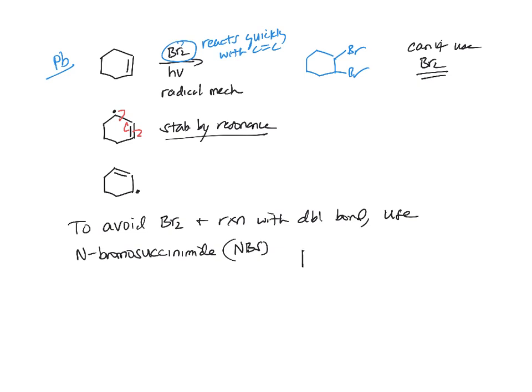It's a 5-membered ring with a nitrogen in the center. The nitrogen has a bromine on it, and it has double bond O's. That is what N-bromosuccinimide is, and it is the source of the bromine radical, not Br2. N-bromosuccinimide won't react with the double bond.